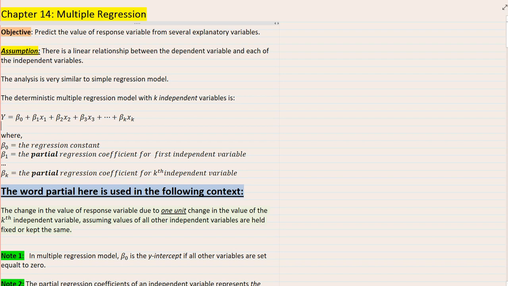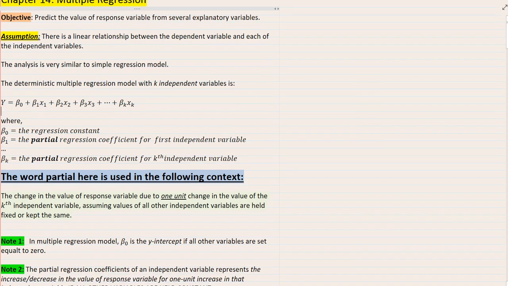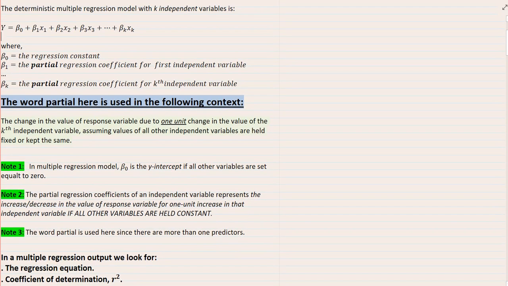So now what we're doing is we're adding more betas to the model. So what are these betas? Well, beta sub 0, that would be the regression constant. That would be the y-intercept if all of the other values of the random variables assume a value of 0.